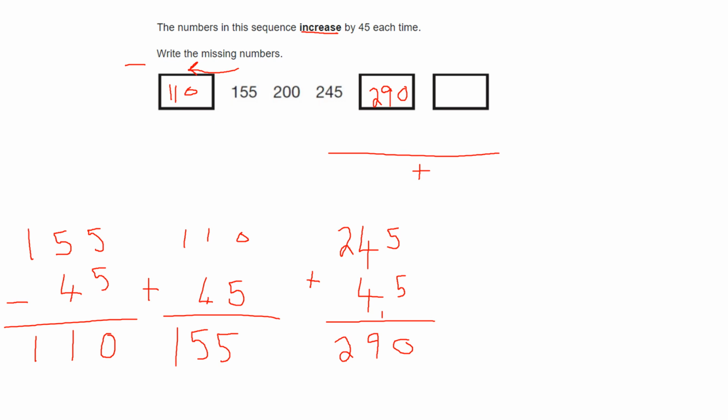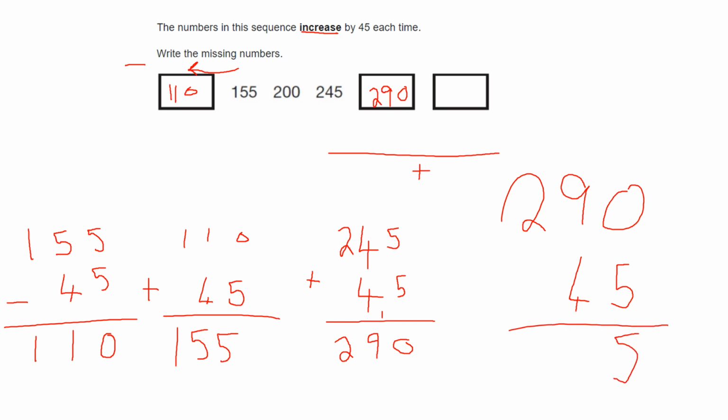Then I've got 290, and to move forward again I'm going to add on 45. So I've got 5 add nothing is 5, 9 add 4 is 13, carry the 1, 2 add 1 is 3, so I've got 335.